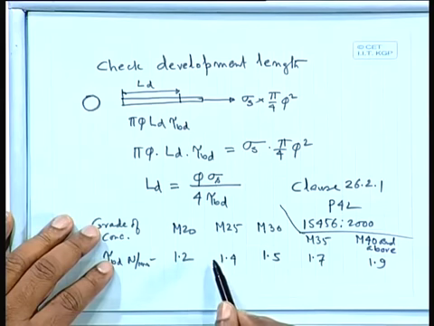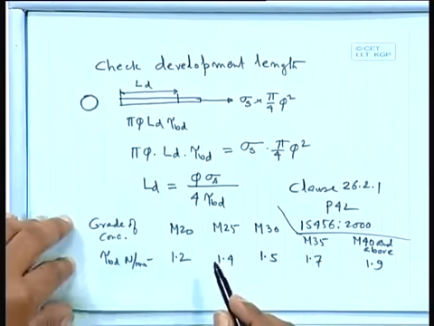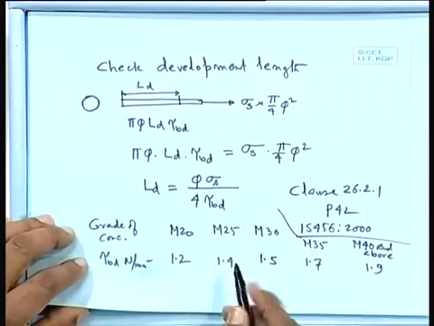If it is compression, then you further multiply it with 1.25. So that will give you tau BD for the case you are considering, whether it is under compression or under tension.